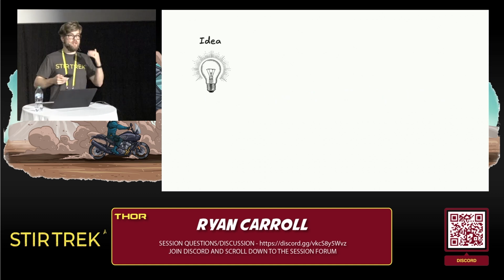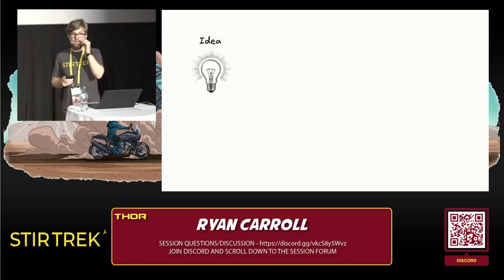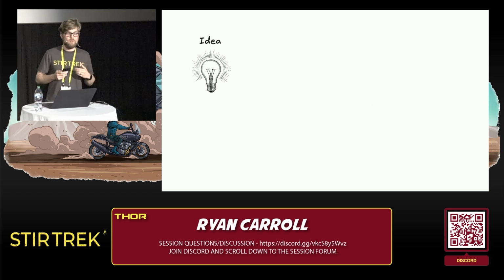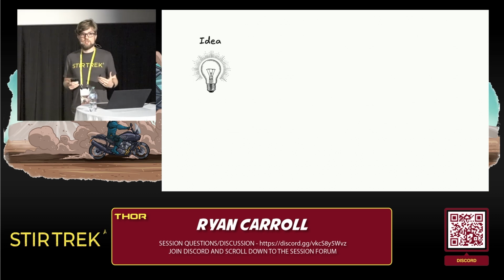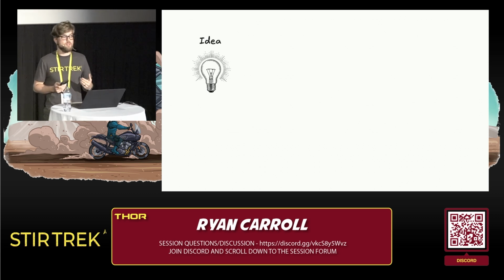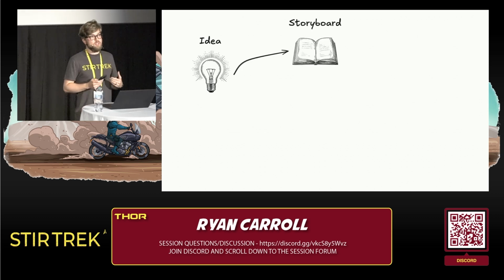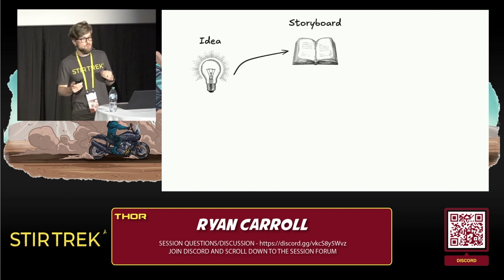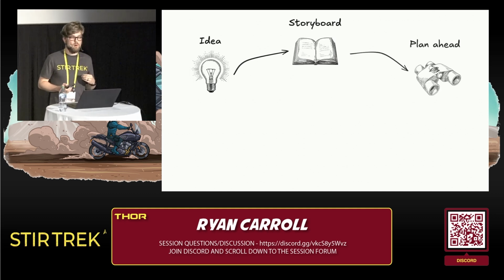So this is kind of like that software development lifecycle that we're used to, how I think about it. It usually starts out where you get a really fun idea and you get passionate about this idea and you want to bring it to life. Your next step is typically going to be to storyboard that idea somehow. We're going to dive into what that means more in a moment.